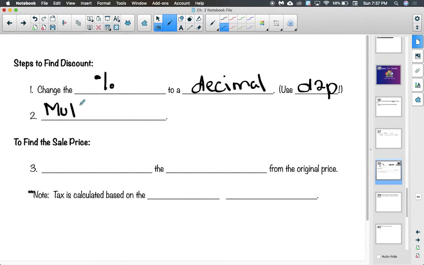And by multiplying, that will find the discount itself. Okay? So once we multiply, we have found the discount. And then we can use that discount to find the sale price. And to do that, we subtract the discount from the original price.